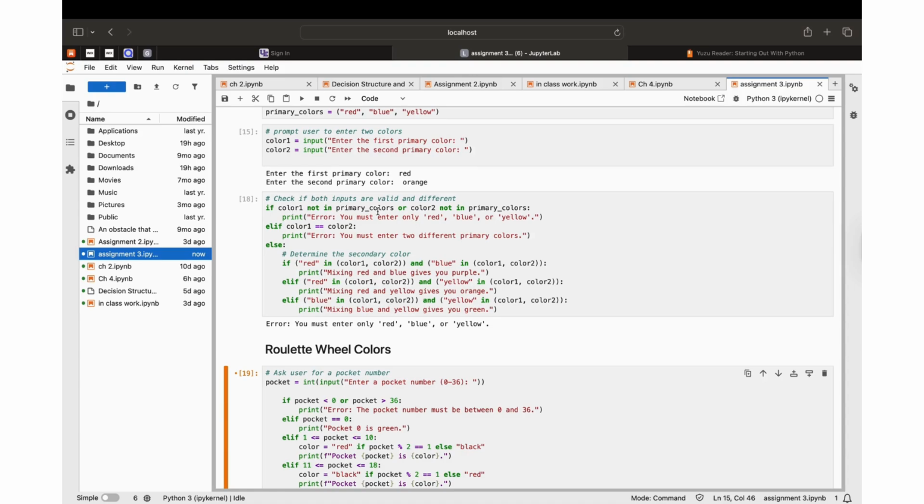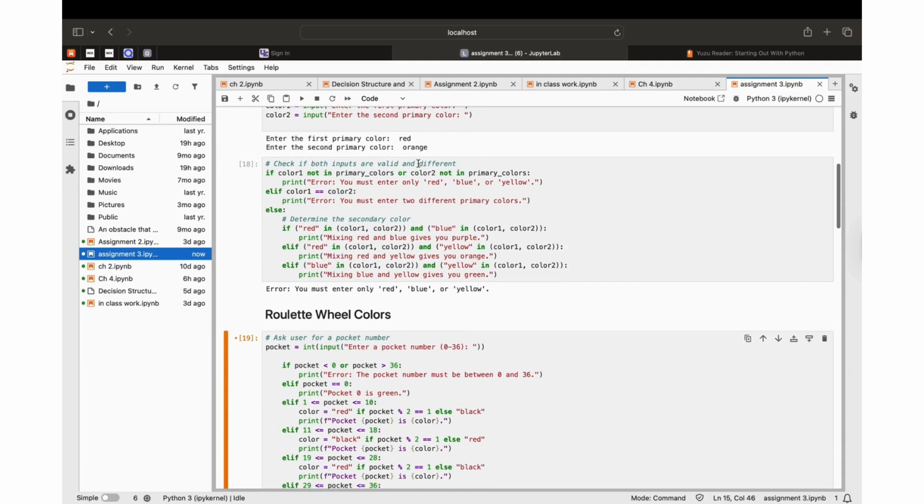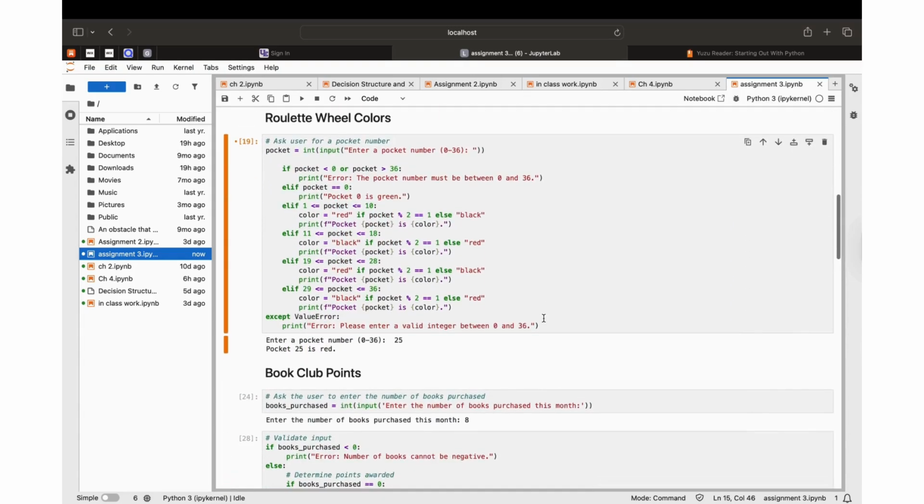So if color 1 is not in primary colors, or color 2 is not in primary colors, then you must enter only red, blue, or yellow. Or if they're equal to each other, you must enter two different primary colors, and anything else is the mix of it. So since I put red and orange, it says you must enter only red, blue, or yellow.